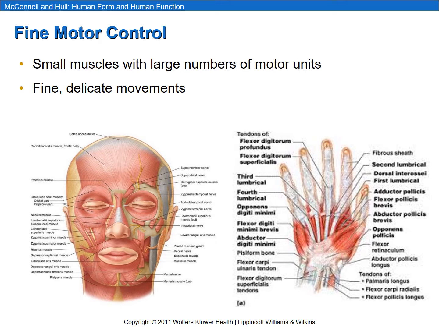In these areas, since power is not important and precise control of movement is important, there tends to be lots of small skeletal muscles. Consequently, the motor units tend to be small as well, perhaps only 2 or 3, 4 to 6 skeletal muscle fibers per motor neuron. So in areas of the body that exhibit fine motor control, motor units tend to be rather small.